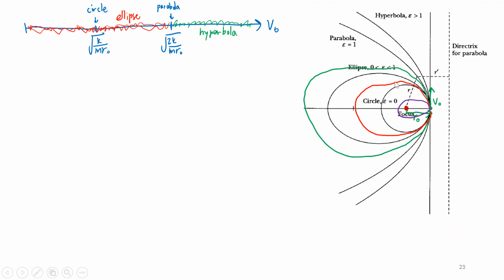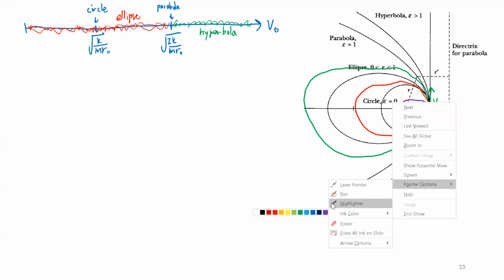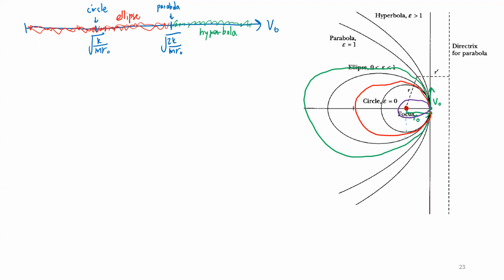In all the previous cases, this point and this point is the so-called R mean. Remember, we have this R mean and R max. This distance over here is the R mean, the minimum distance between this point and your particle.